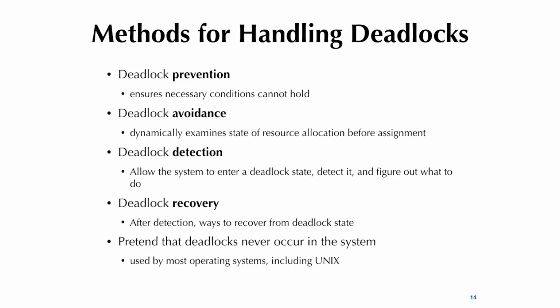So if prevention is not possible, then you try avoidance. Avoidance means what? Means at runtime, you check first. And you check, hey, can I possibly get into a deadlock? Then if so, I avoid it. Okay? But does that guarantee you won't get into a deadlock?